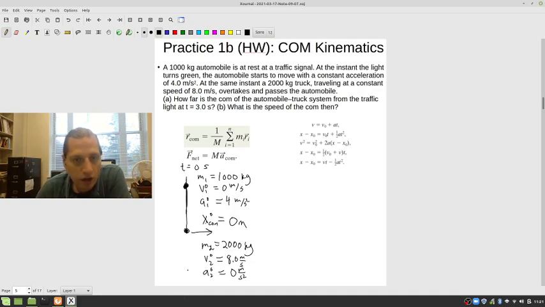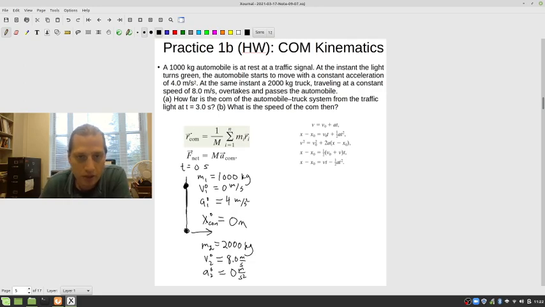Now, what's a little bit confounding is that my center of mass also has an initial velocity and it also has an initial acceleration. All right, so how would I find the initial velocity of my center of mass?